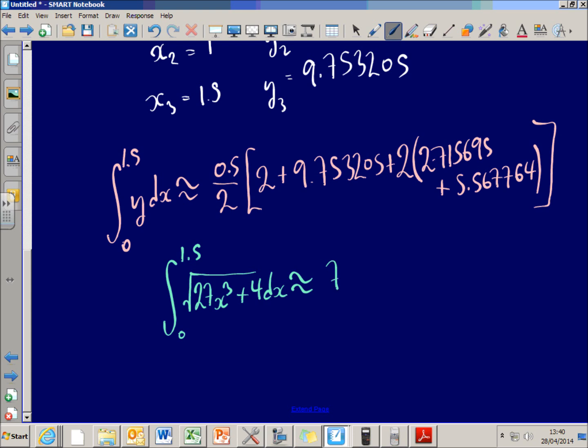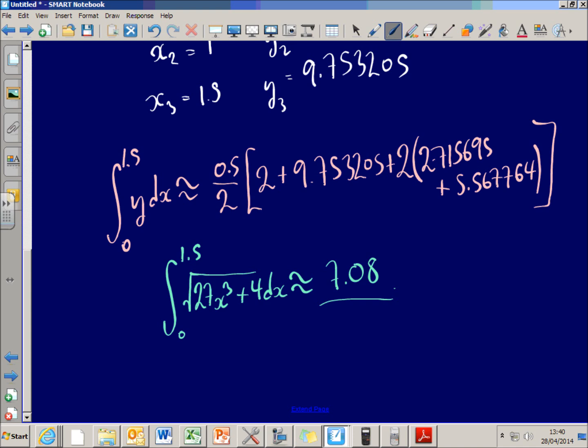What was it, 7.08? Brill. Okay, so who managed to get there? Right, it should be a pretty straightforward question, the trapezium rule is. There's a couple of other things I could ask you about it. It takes quite a while, but as long as you follow the right instructions, you're all right.